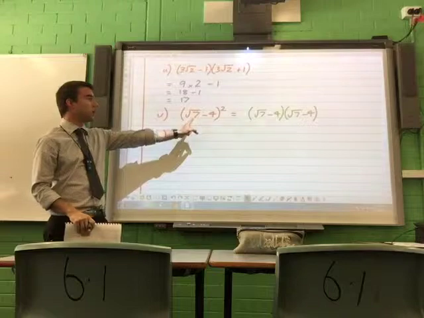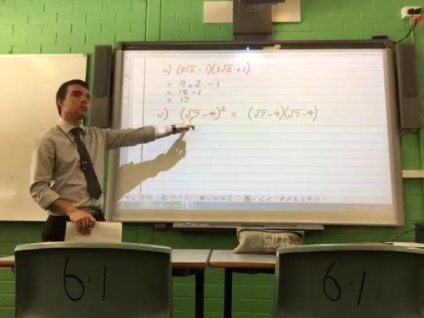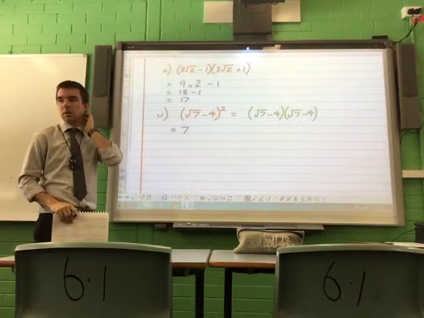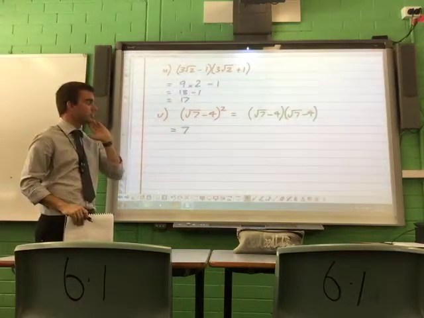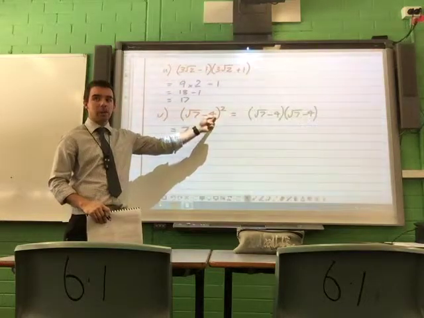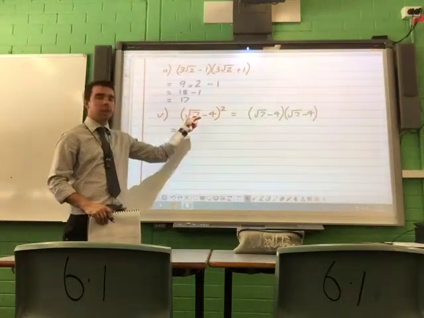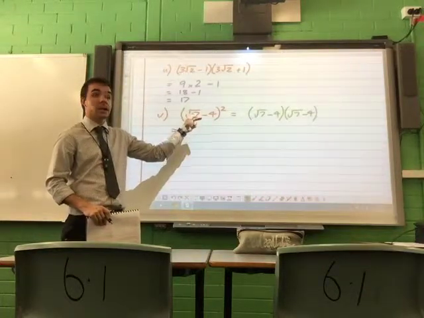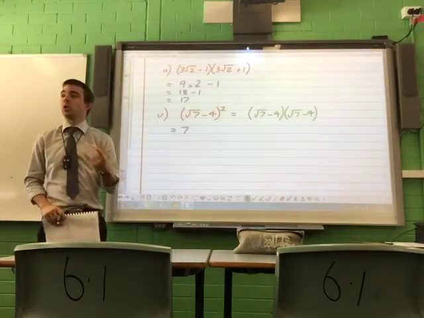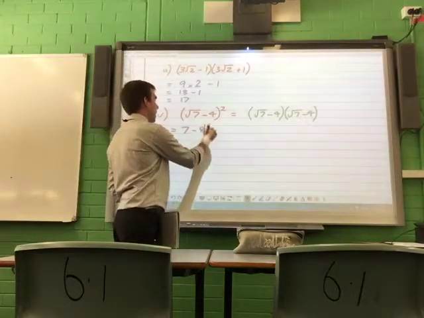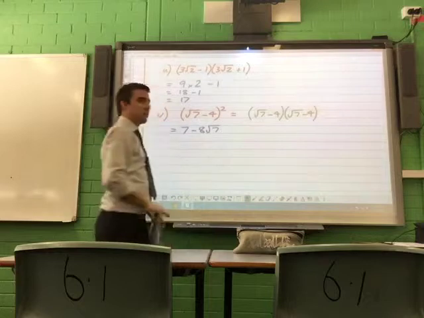So first term all squared, so it's root 7 all squared, root 7 times root 7, 7. You then multiply the two terms together and double it. You get negative 4 times root 7, and then you've got to double it after that, so negative 8 root 7.